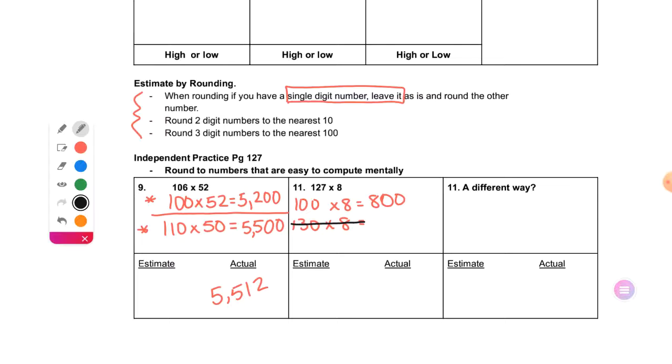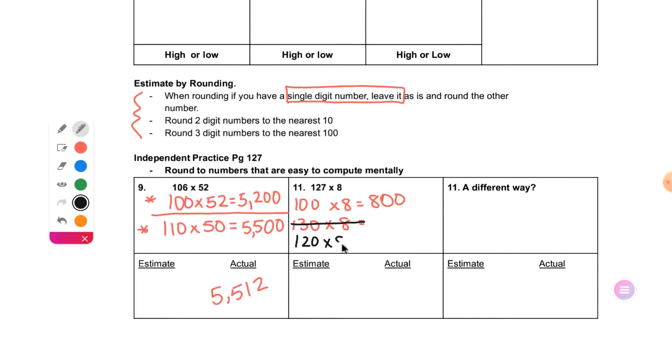But what's a number between 100 and 130 that we can do mentally? Brennan? 150. 150 is getting too high. We're still trying to stay close to 127. 110, or what's even... Could we do 120 times 8?